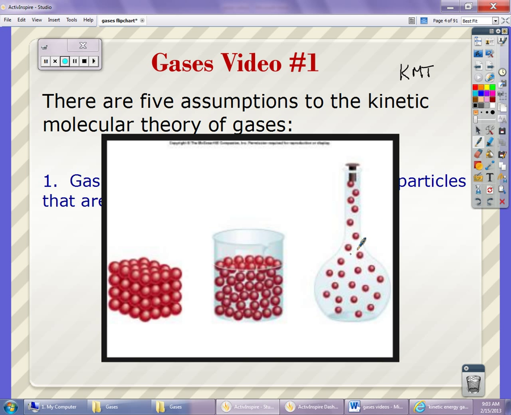The particles are relatively small with big amounts of area from one particle to the next in comparison to their size, versus the liquids where there might be some distance between them, but it is smaller in comparison to their size, or the solids where the distance between them is so small it is pretty much negligible.